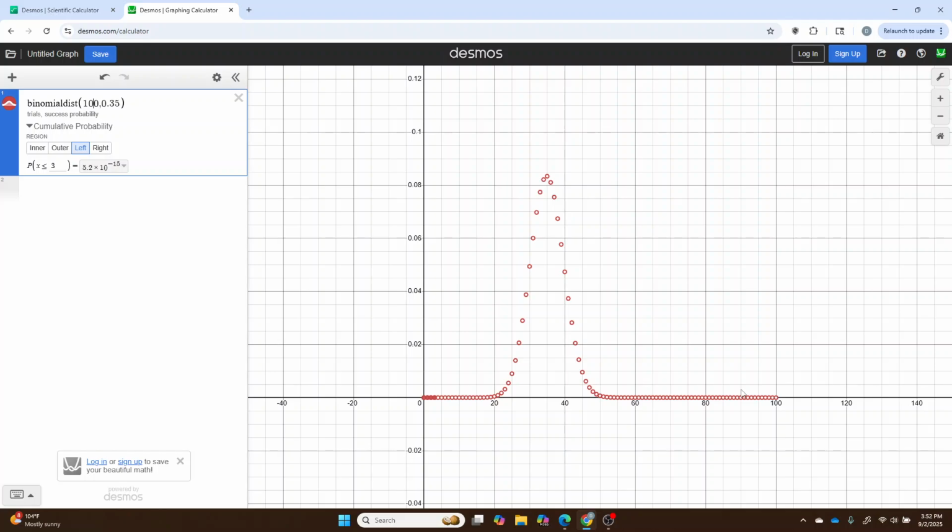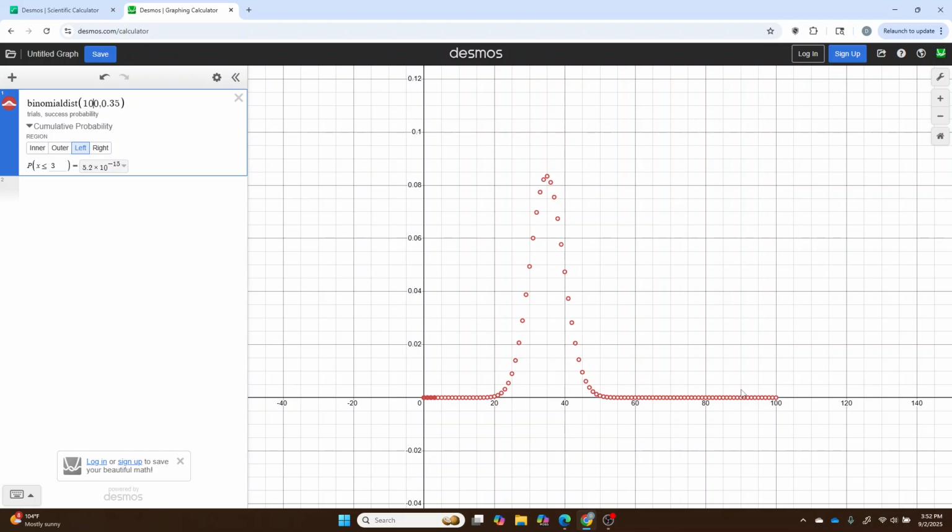There is still a little bit of a tail, but that's going to become less of a problem the larger the number of trials. Okay. Anyway, the moral of the story is that as p gets close to 0.5, or as n gets large, the distribution is going to become bell-shaped.